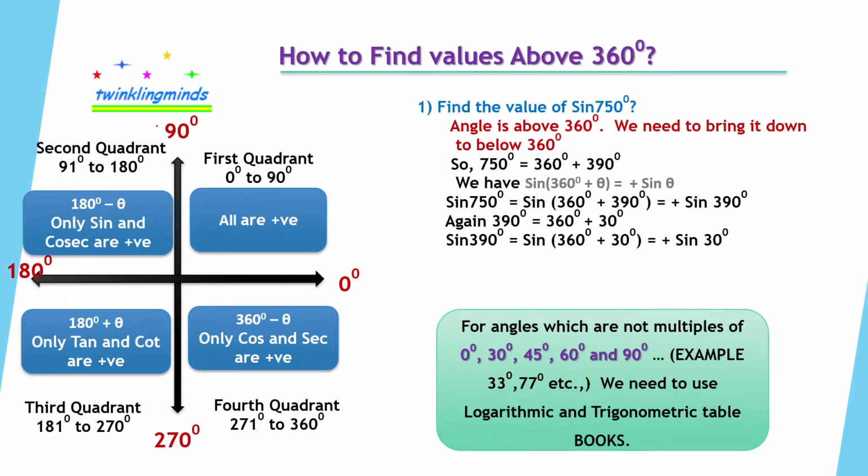How many fingers below 1? Square root 1 divided by 2, which is nothing but half. So the value of sine 750 degrees equals half. This way, we can find the values of angles which are above 360 degrees and multiples of 0, 30, 45, 60 and 90 degrees.